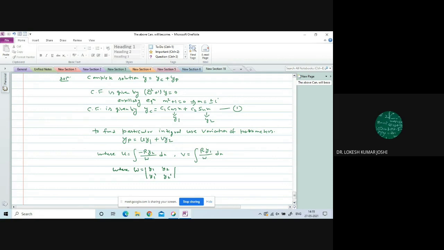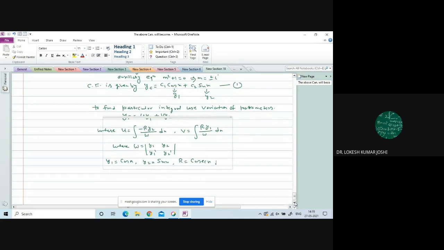Okay, if we identify the values from this equation, we can see y1 equals cos x, y2 equals sin x, right hand side r equals cosec x, and the Wronskian w, if we find it for y1 and y2, is w equals y1, y2, y1 dash, y2 dash. y1 is cos x, y2 is sin x, y1 dash means minus sin x, and y2 dash is cos x.